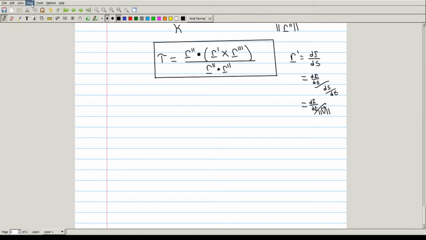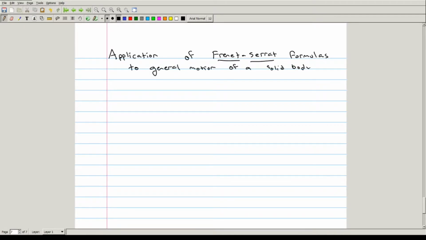And the last thing that I want to talk about in the lecture today is how to apply the Frenet-Serret formulas to general motion of a solid body. So suppose the following.